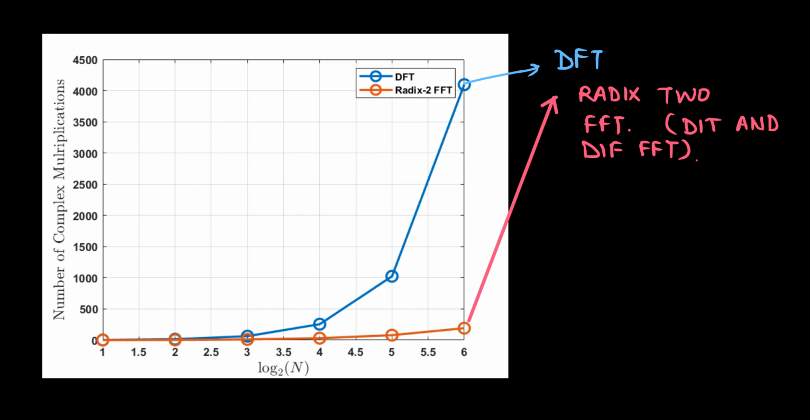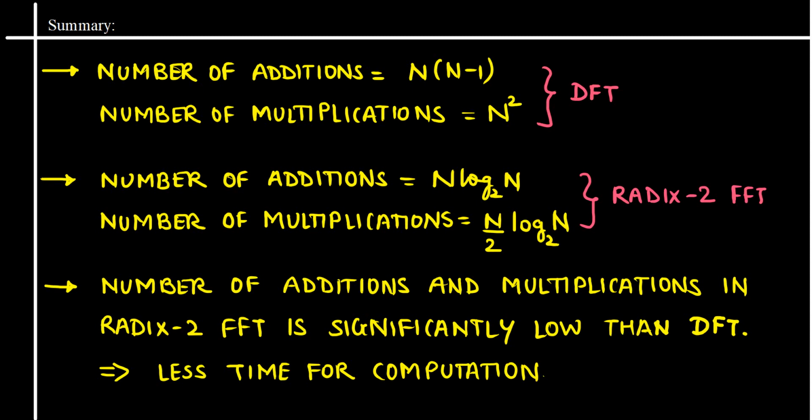So in this lecture we have looked at the comparison of the DIT and DIF fast Fourier transform implementations, and we have seen the complexity of both of them. We saw that the number of additions required for the normal DFT was N into N minus 1 and the number of multiplications was N square, whereas the number of additions that we require for radix 2 FFT is N log N to the base 2 and the number of multiplications is N by 2 log N to the base 2.